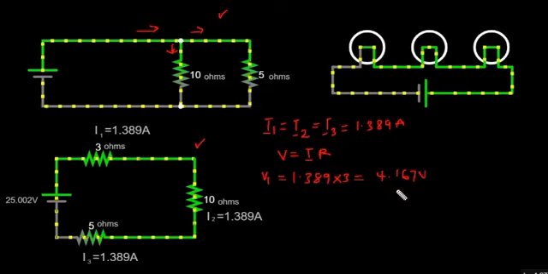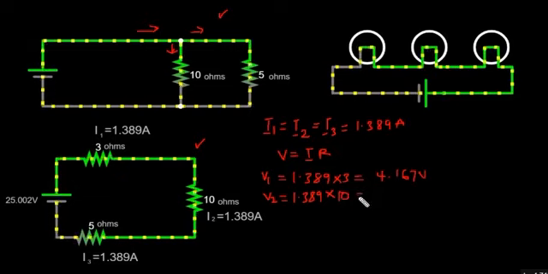And then the second voltage drop will be equal to 1.389 times 10 ohms. This will be equal to 13.89 volts.